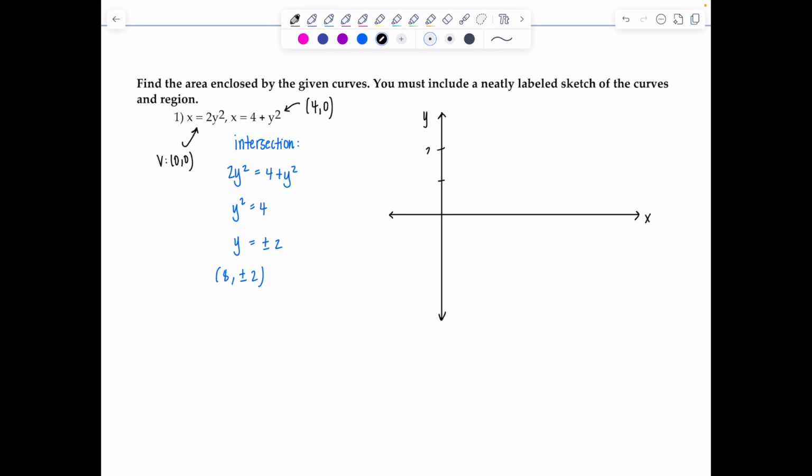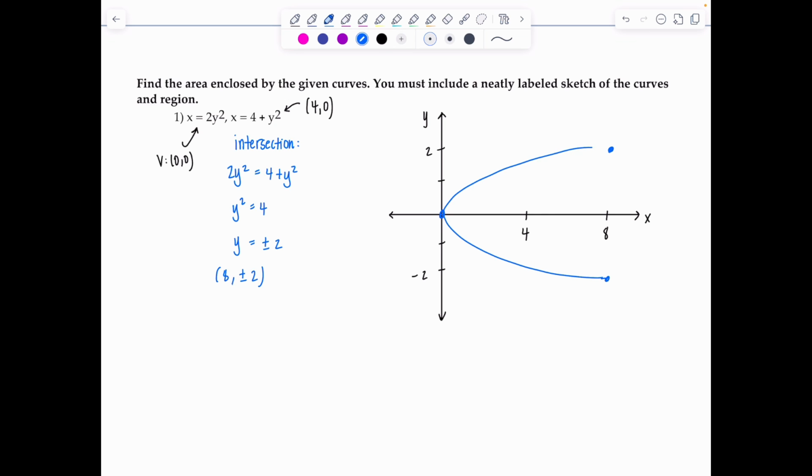So we're going to go up to positive 2, down to negative 2 in the y direction. And then here's 4, here's 8. Okay, those are the interesting points. And then we've got 8, 2 and 8, negative 2. That's where they intersect. Let's graph x equals 2y squared.